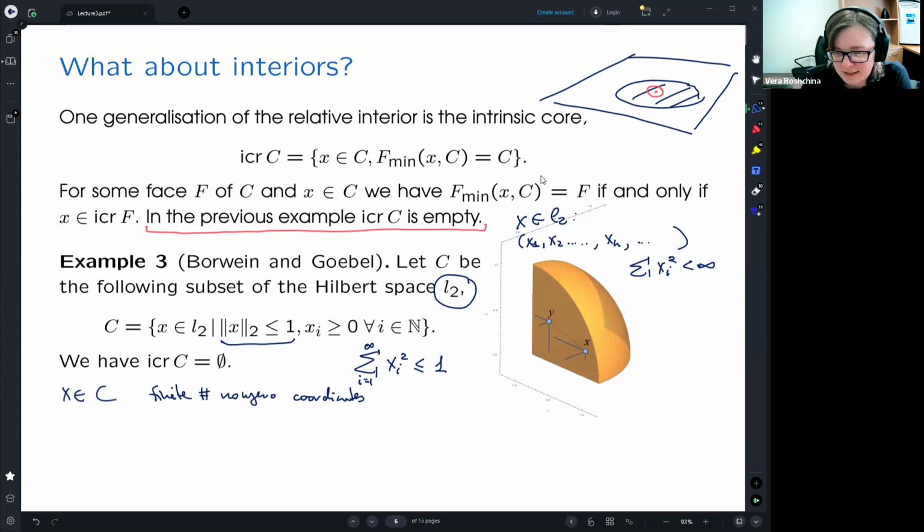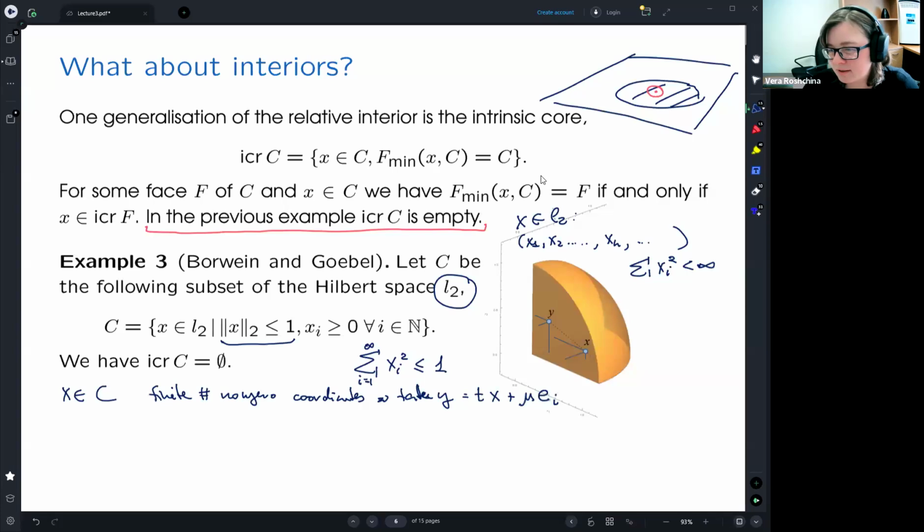well, then it's definitely not in the intrinsic core. Because then I take some y equal to something like t x, plus a higher element, let's say I just want to use something small, say mu e_i.